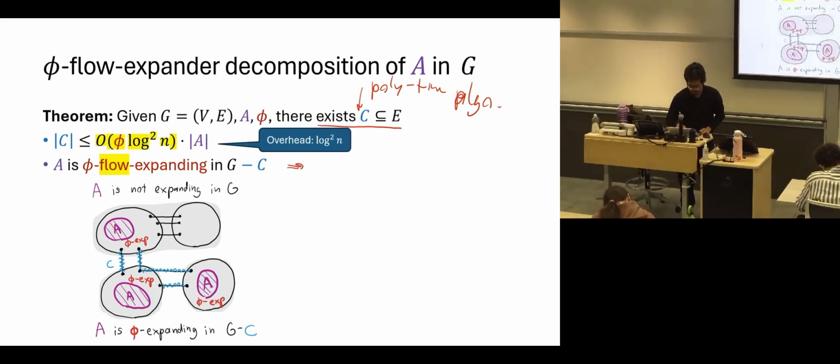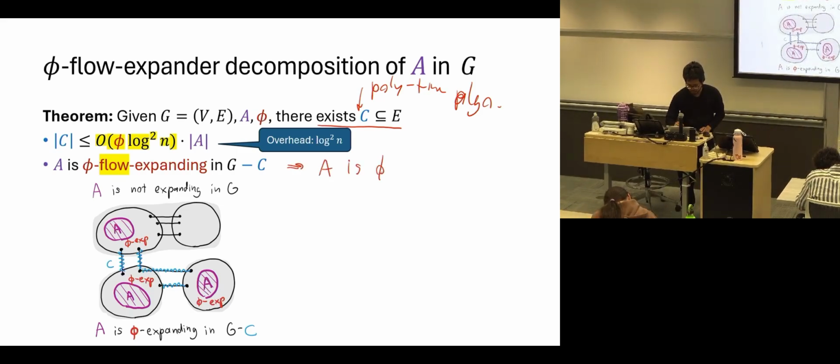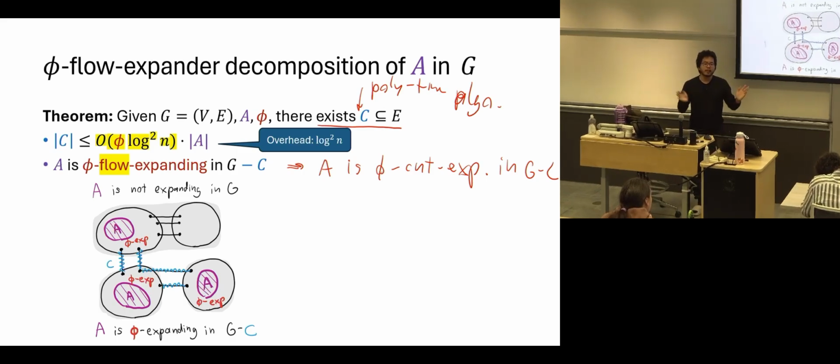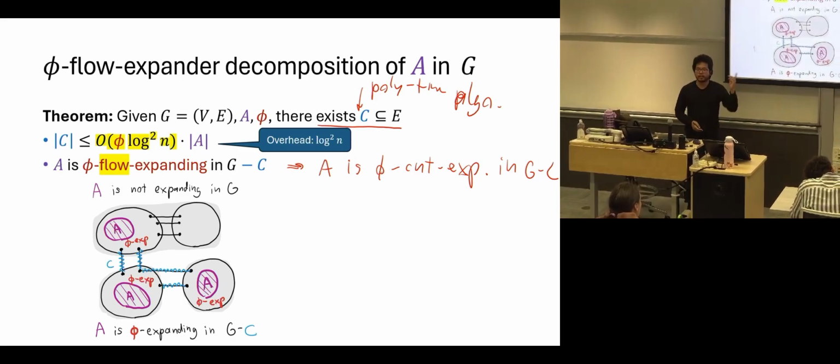And this implies that A is also phi cut expanding in G minus C. Question about this? So we just see now that by paying another log factor in the overhead, we can make it poly time. Good.